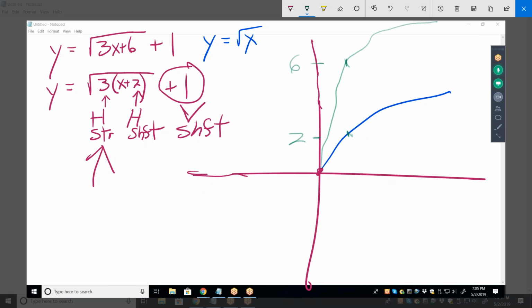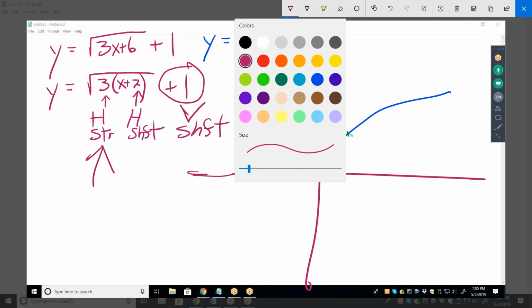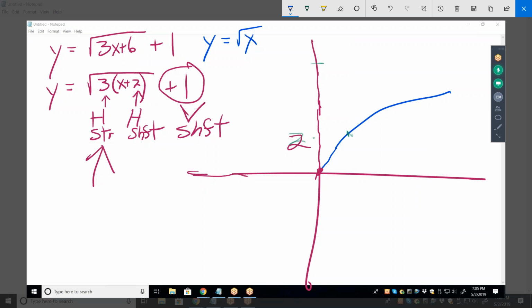With me? Okay. Yeah, I didn't explain it right, though. That's a vertical stretch. Let me start over. That would be a vertical stretch. This is a horizontal one. Now, this is particularly confusing because horizontal stretches compress the function this way.